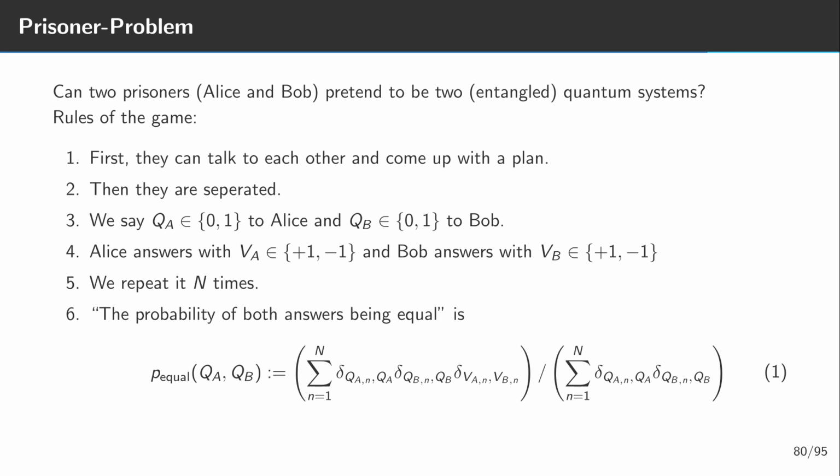The divisor here is the number of times that we ask the QA and QB combination that we are interested in, and the dividend is the number of times we ask the QA and QB combination that we are interested in, and Alice and Bob gave the same answer. In other words, P of QA QB is the probability that if we say a certain QA to Alice and a certain QB to Bob, they will answer the same.